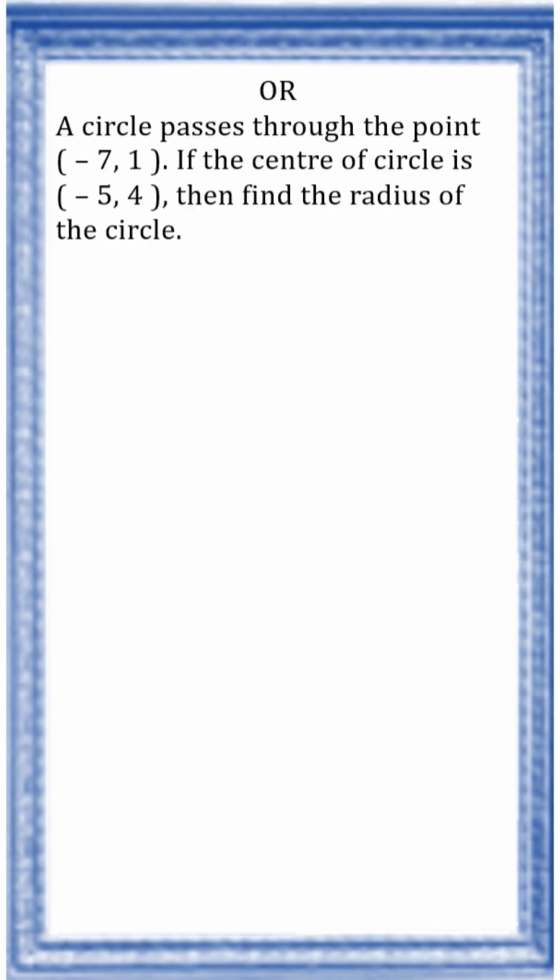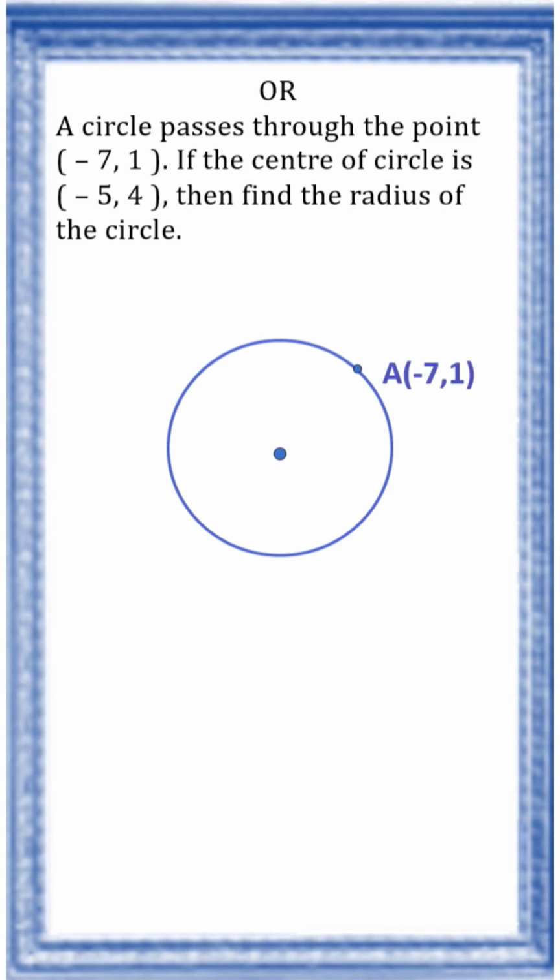There is an alternative question for this one. A circle passes through the point minus 7, 1. If the center of the circle is minus 5, 4, then find the radius of the circle. This is the circle with center O, and this is a point on the circle, which is negative of 7, 1. The center is negative of 5, 4.